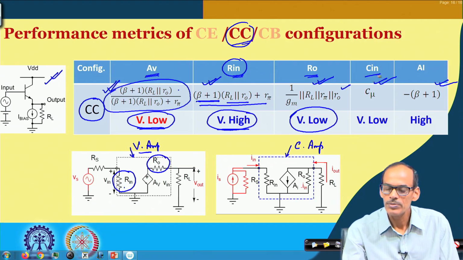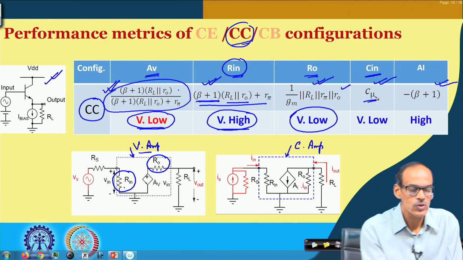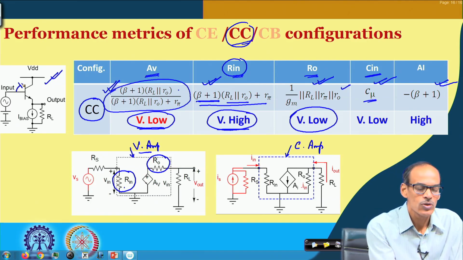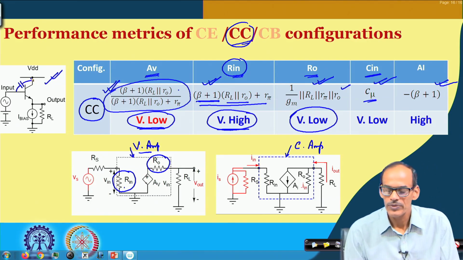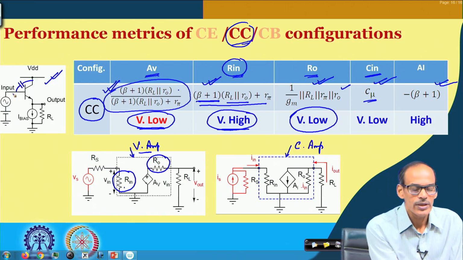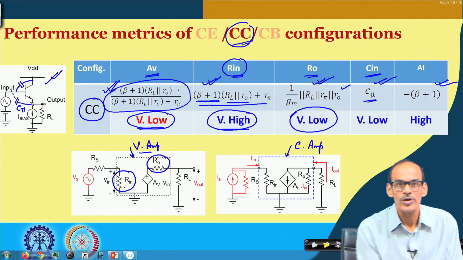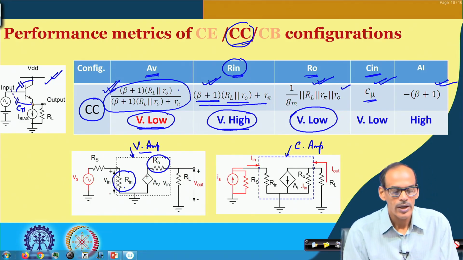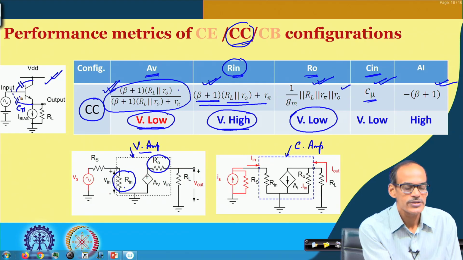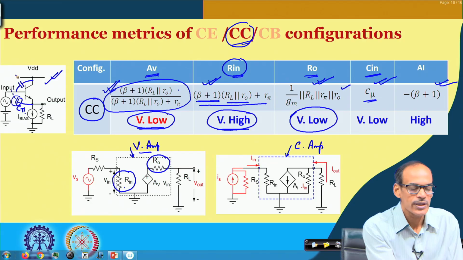Also, if you see the input capacitance C in, it is only C mu. So, C mu is this capacitance without having any amplification. In fact, theoretically C pi does not have any contribution, as the input to output voltage gain is close to 1, and from Miller's theorem, you can say that the effect of C pi is negligible.